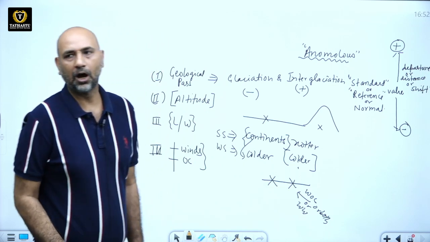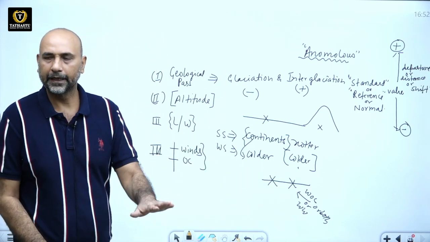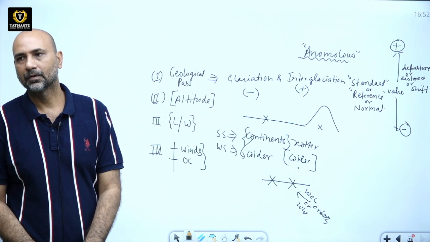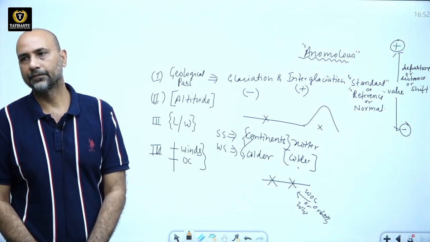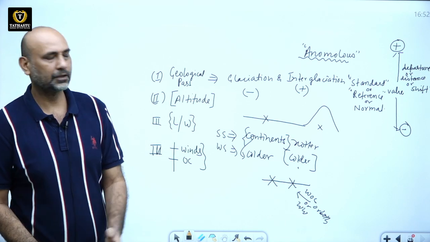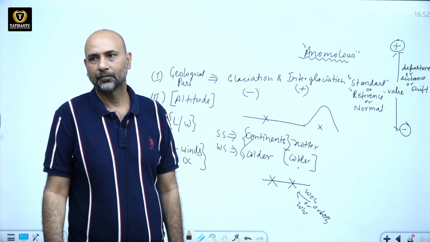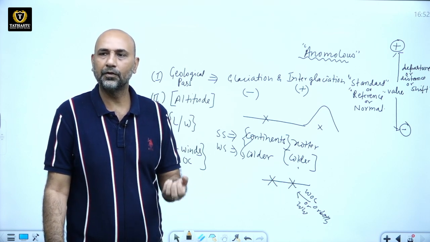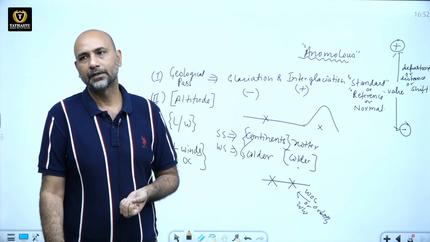It is going to be hotter compared to the place located at the same latitude but under the influence of cold winds and cold oceanic currents, which is going to have low temperature. So, thermal properties of inflowing winds and oceanic currents also play an important role in temperature anomaly.